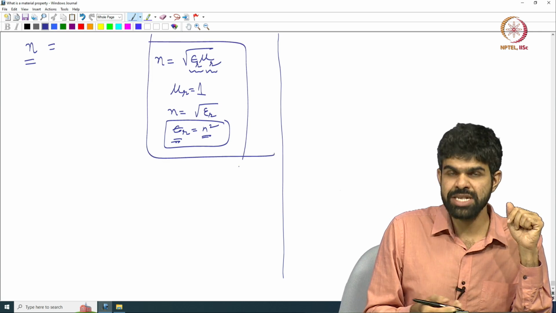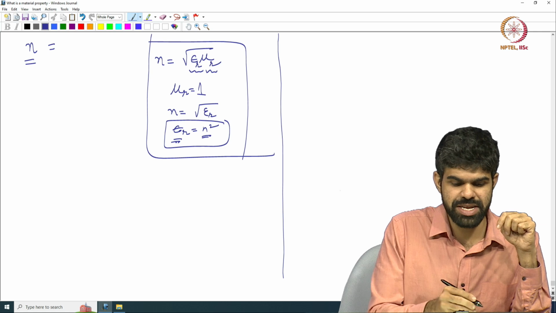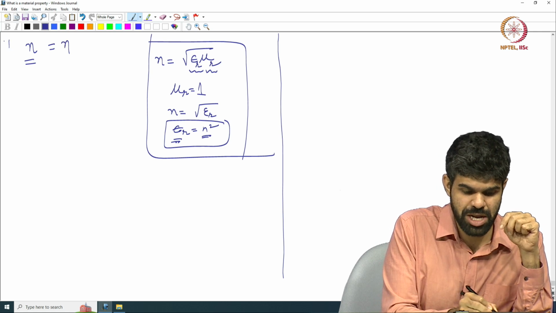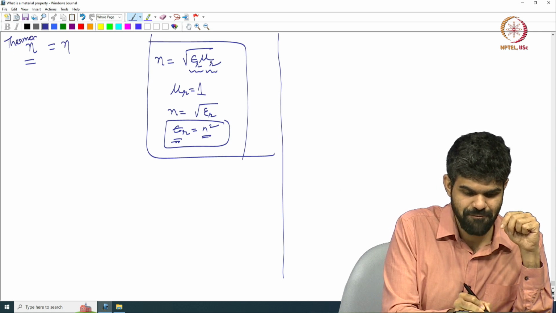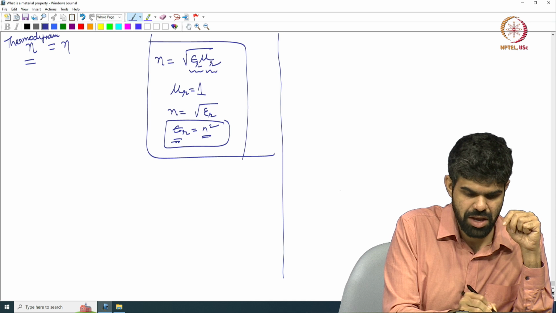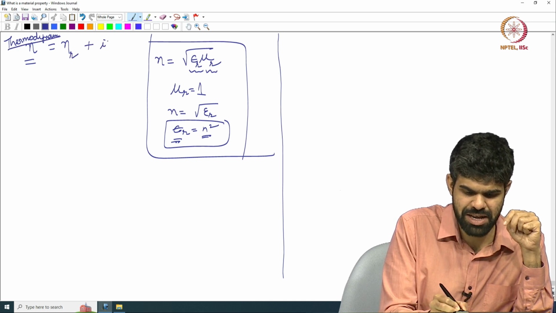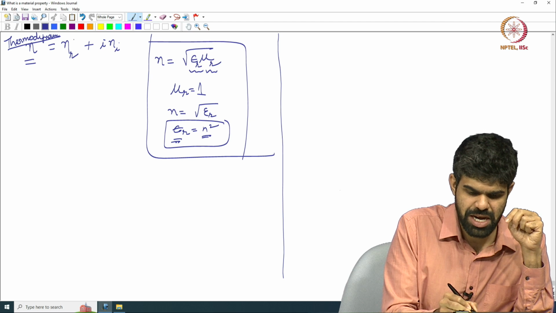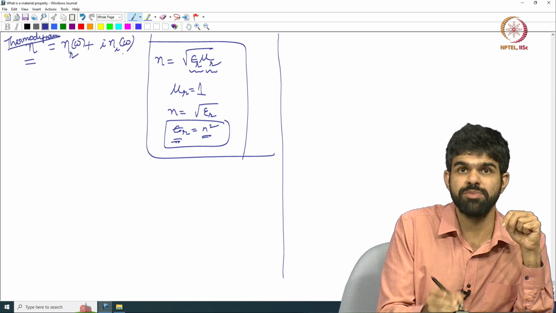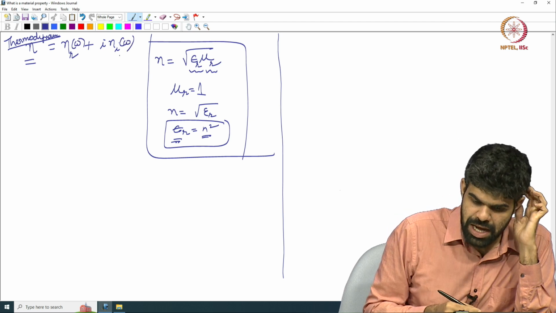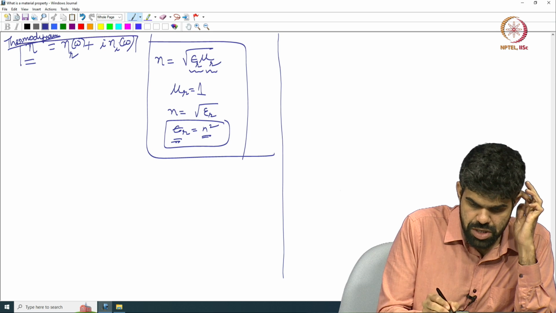Now, n is also a property of the material, a thermodynamic property. So n will have a real part and an imaginary part, and both of them are dependent on frequency omega. Okay, that is good.